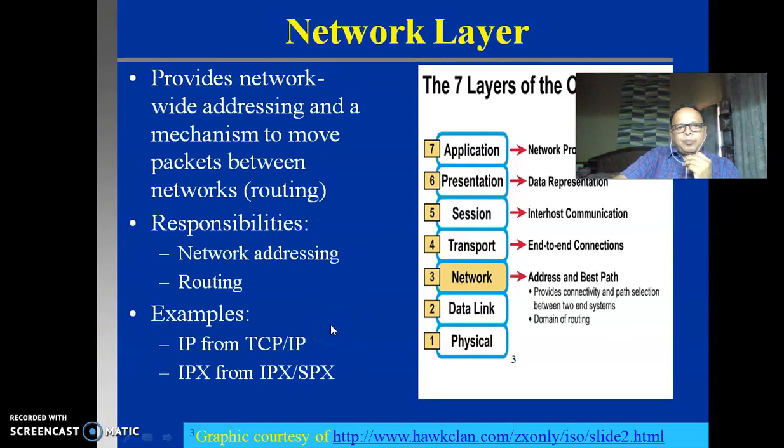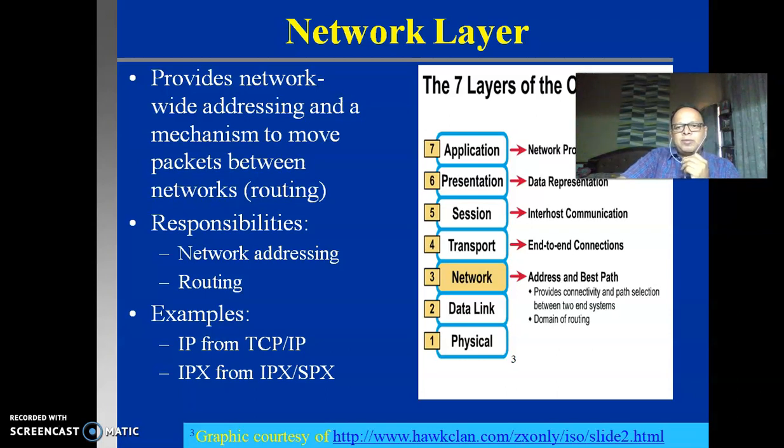The network layer provides network-wide addressing. As we have seen, addressing and best path are the two important functions of the network layer. With millions or billions of machines, how do we locate where the data is to be sent and for whom it is intended?